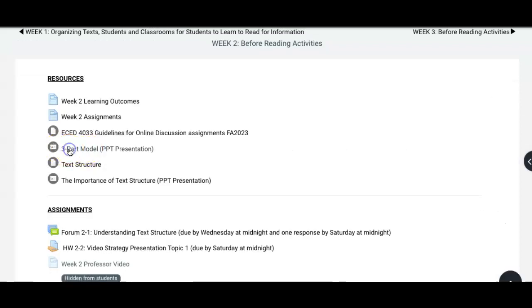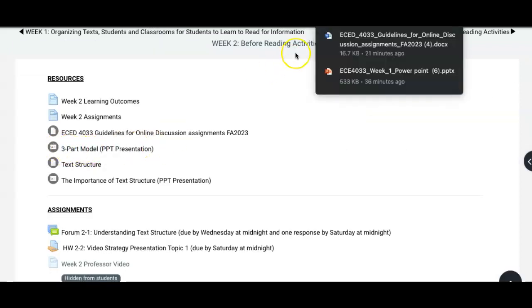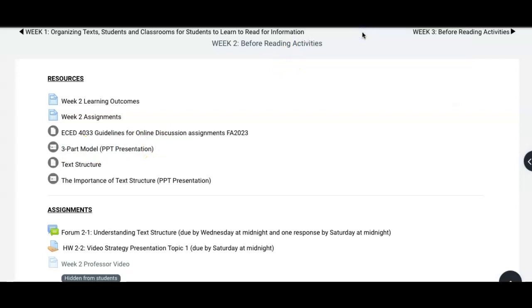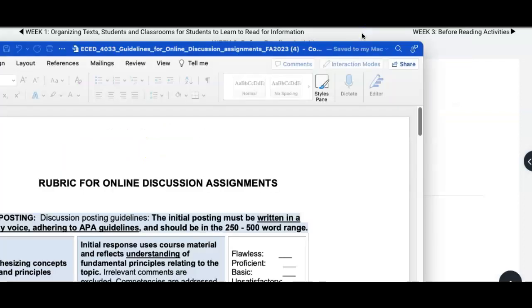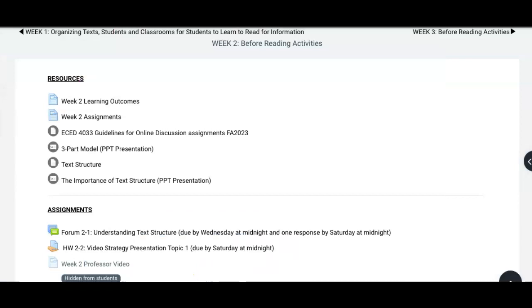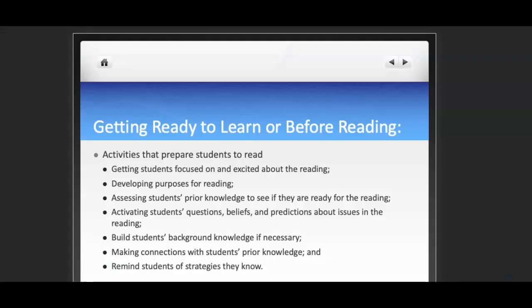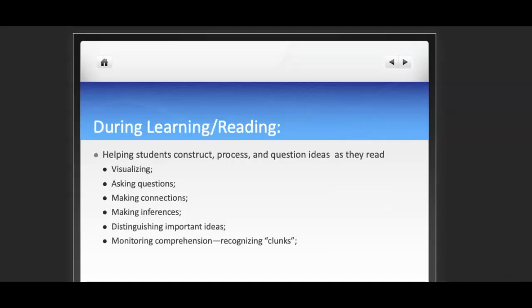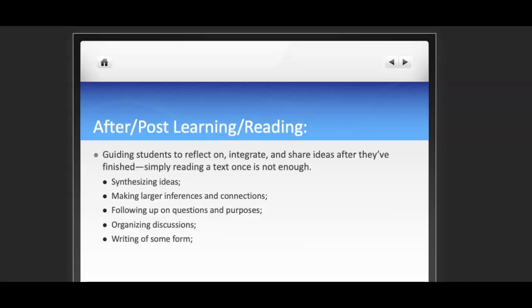This PowerPoint is about the 3-part model of reading. This model discusses getting ready to learn or before reading, during reading, and after or post reading.